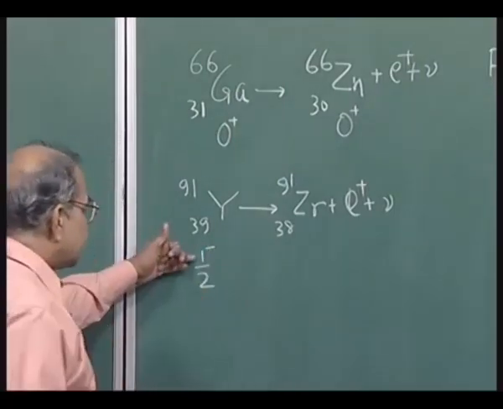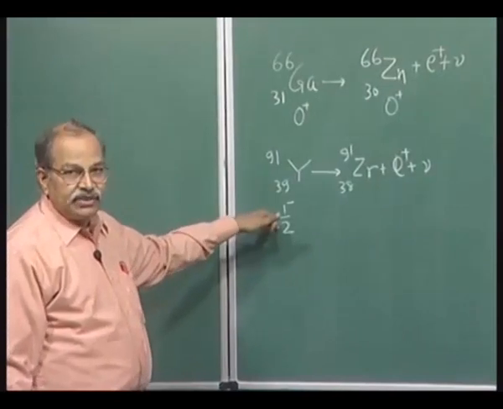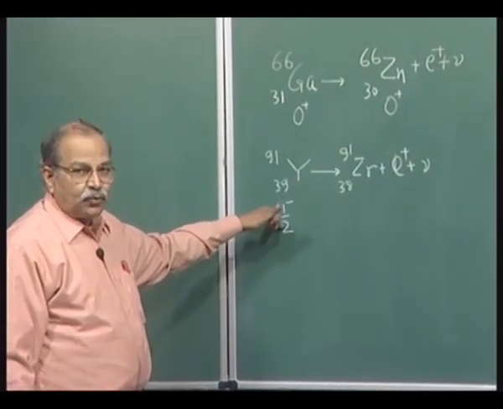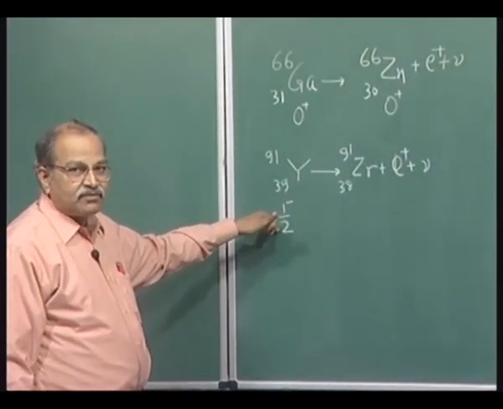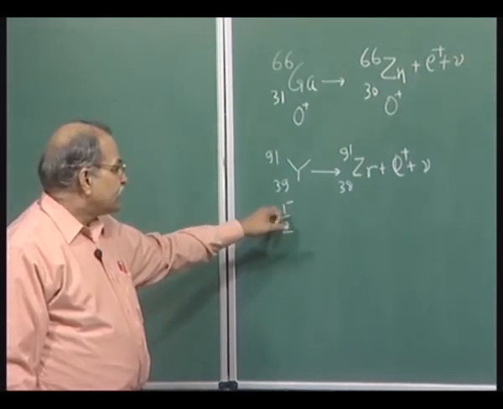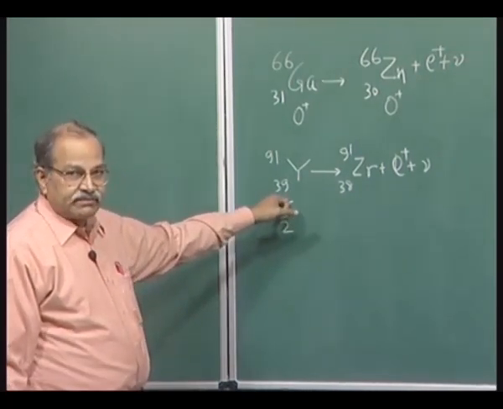So, nuclear spin is half, capital I, which we denote nuclear spin, total angular momentum of the nucleus, and the parity is negative.